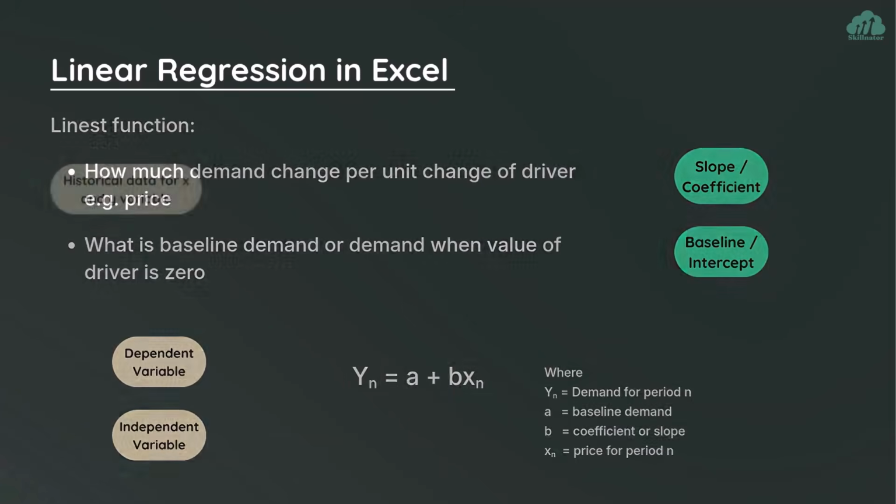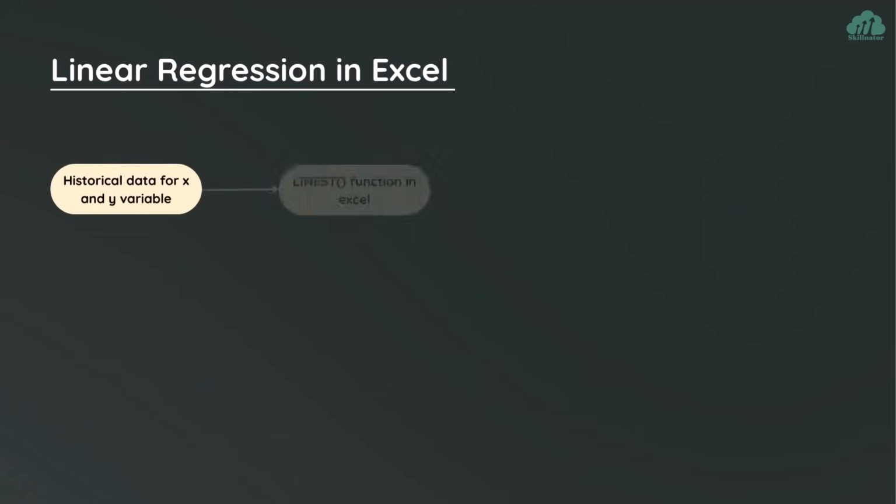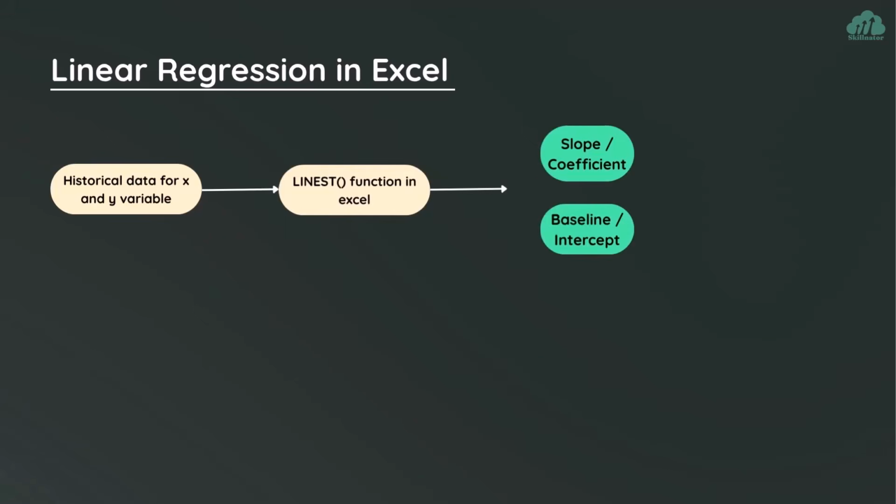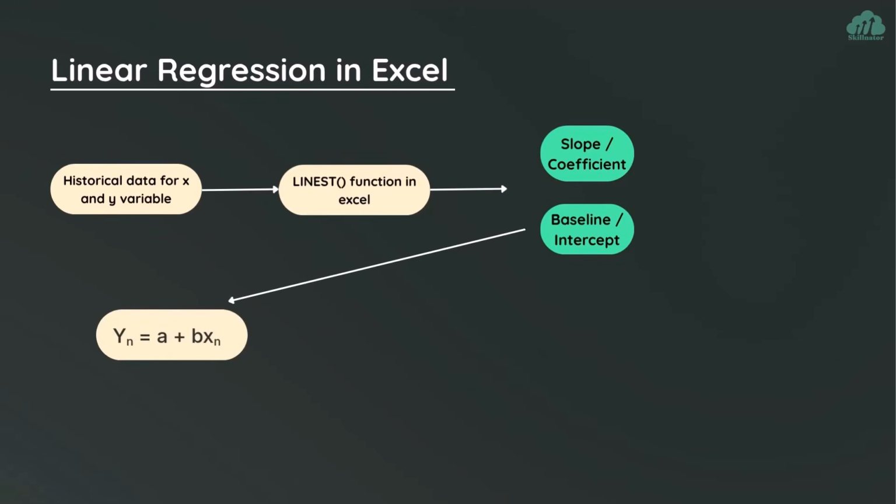When we pass the historical values of x and y variables into the LINEST function, it returns the slope and baseline values. Using these slope and baseline values in the linear regression equation, along with the forecasted future values of the x variable, we can forecast the future values of the y variable.